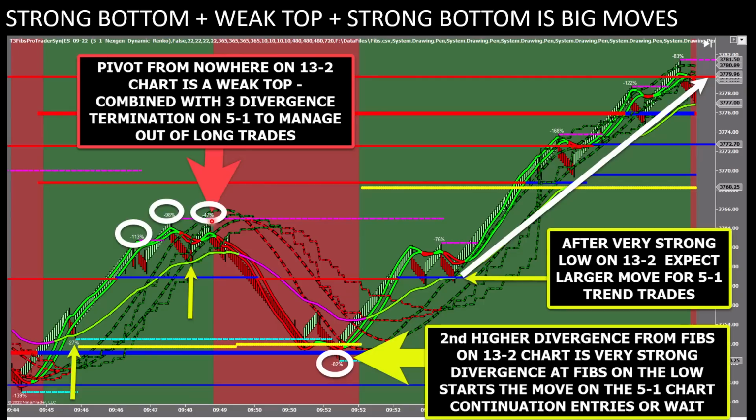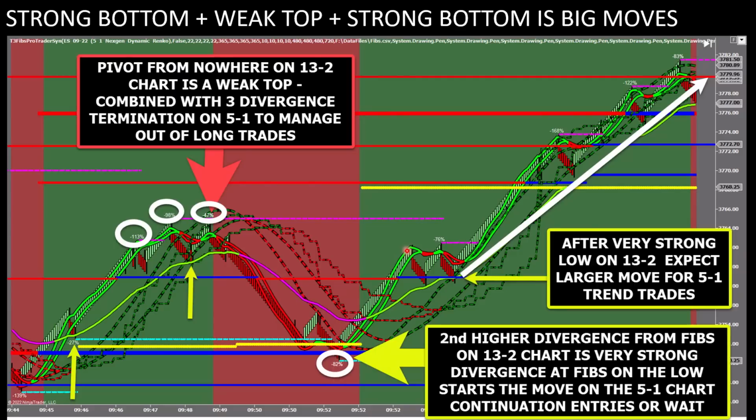And at the same time we're managing out, we're also saying our 13-2 chart is a weak top. Which means that eventually, this is where the second higher divergence happened on the 13-2 chart. It was also a divergence on the low on our smaller chart.